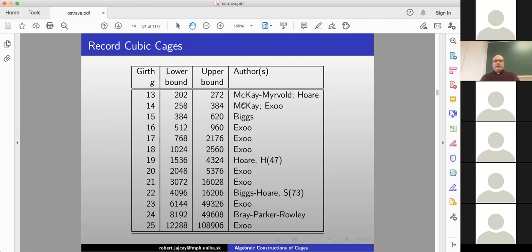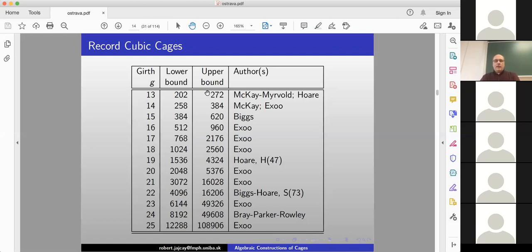This graph goes back to Mackay, Myhrvold and Hoare. This graph is the best that anybody has constructed, but it's very far from the lower bound, and we don't know whether it's possible to find a smaller one. So for the time being, these people are listed here as the authors, and the order is listed here.